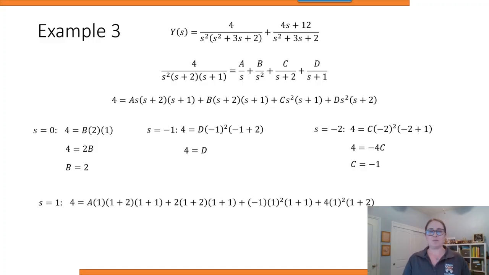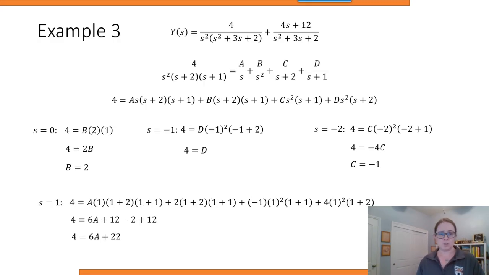Okay, so we plug all that in and simplify all of our numbers. So I end up with 4 equals 6a plus 12 minus 2 plus 12 from each of those terms. So I clean that up a little bit. 12 minus 2 plus 12 is going to give me 22. And if I subtract the 22 and then divide by 6, I end up with a equals -3.